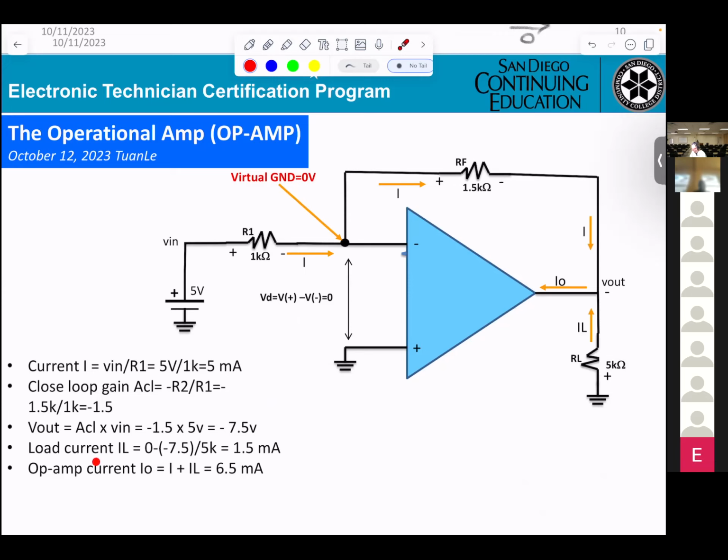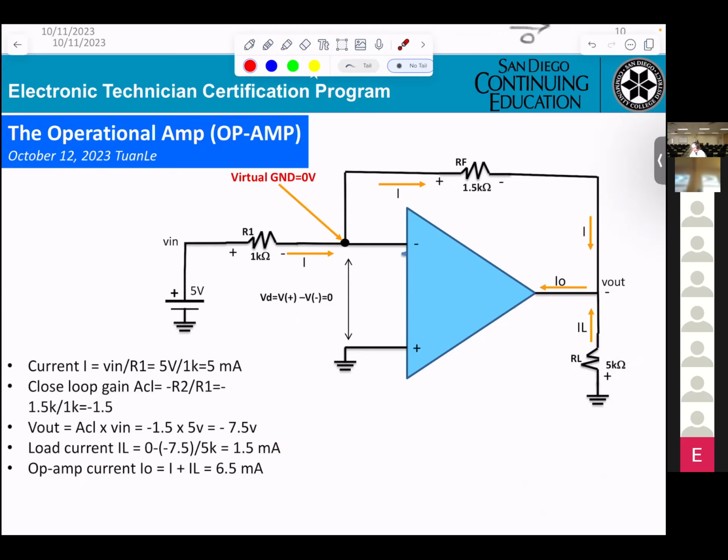Load current. If you want to calculate the current, you take the V out divided by the load. This is more calculation telling you, okay, you can get 1.5 milliamp.